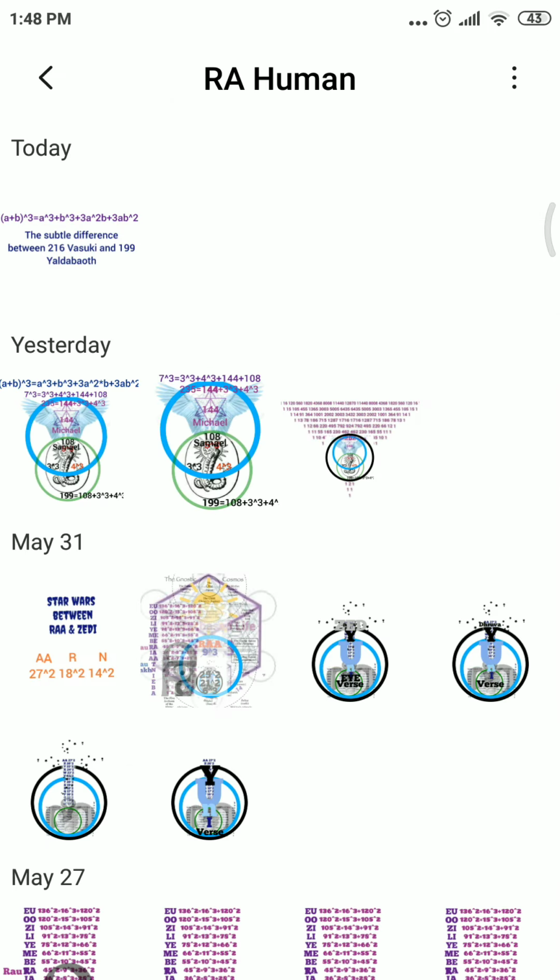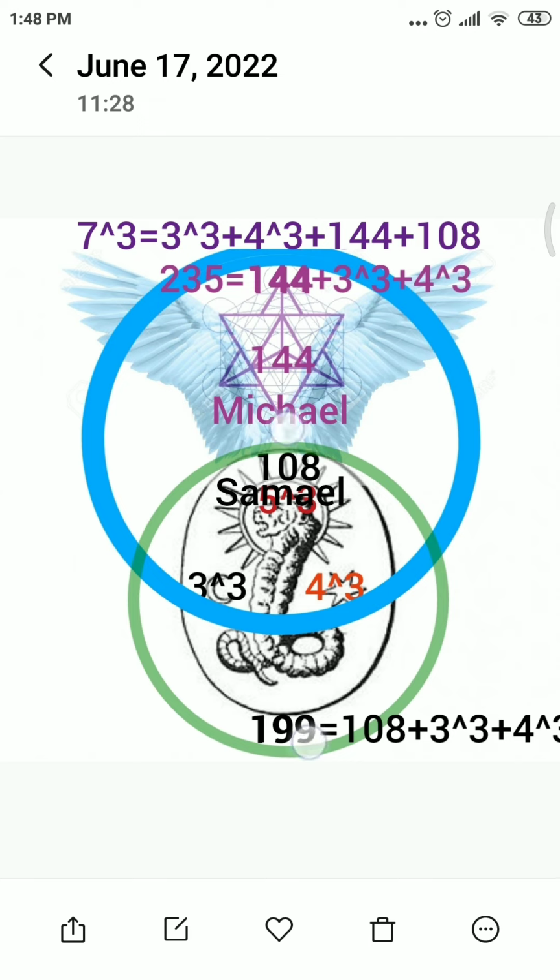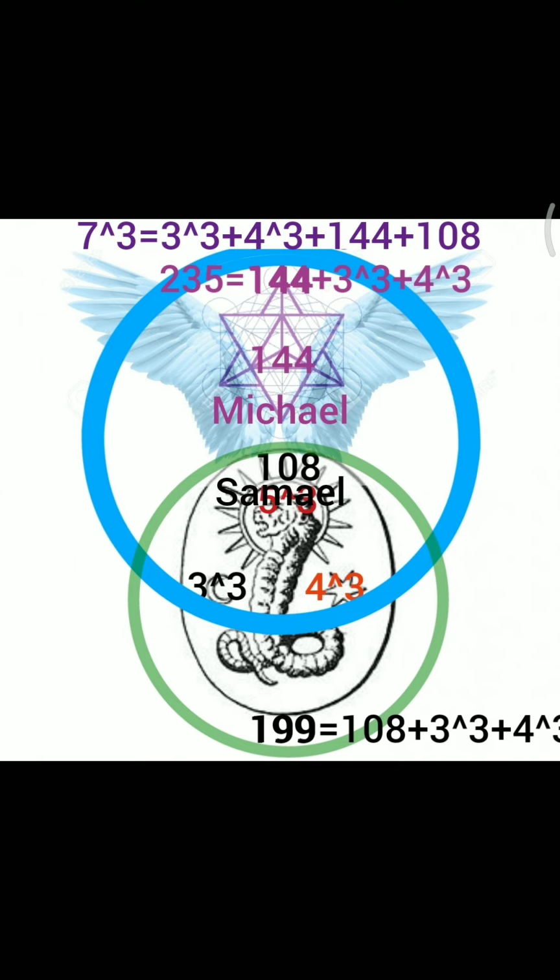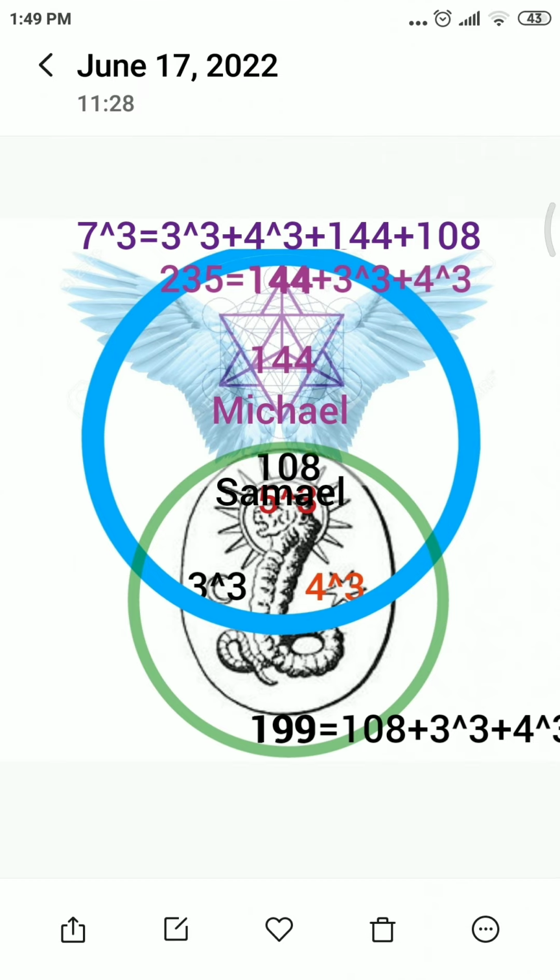So all that while I used to compare Yaldabath to 216, it is not quite true. This guy, 5 cube, Betelgeuse, is the Yaldabath. This image represents Yaldabath: it has a snake body with the head of a lion, and the moon on one side, sun on the other side.